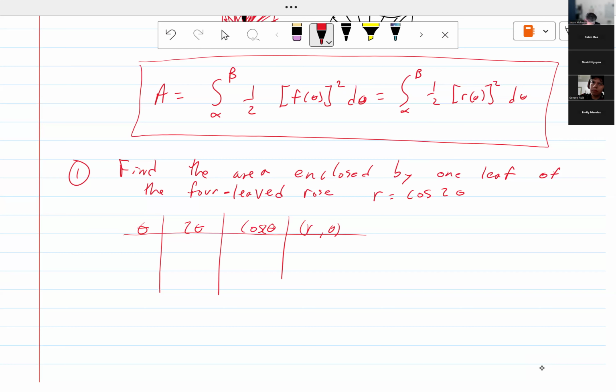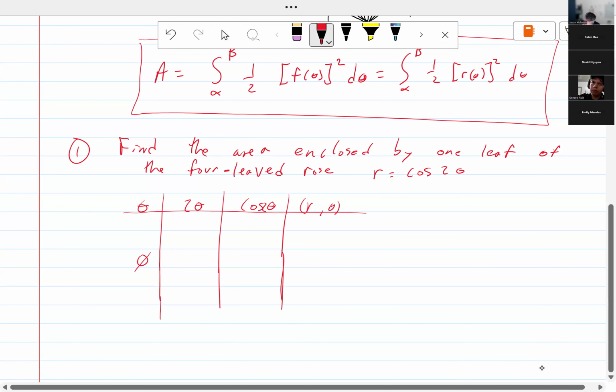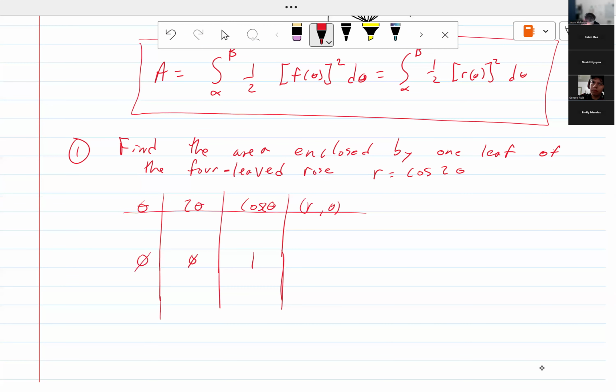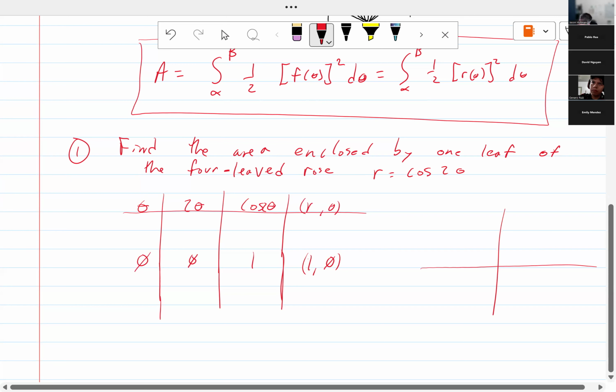I'm going to skip a couple of lines here, and there's a reason for that. If I take 0 and multiply by 2, I get 0. Take the cosine of that, I get 1. So this is 1 comma 0. That's kind of normal for a circle, but this is not going to make a circle.